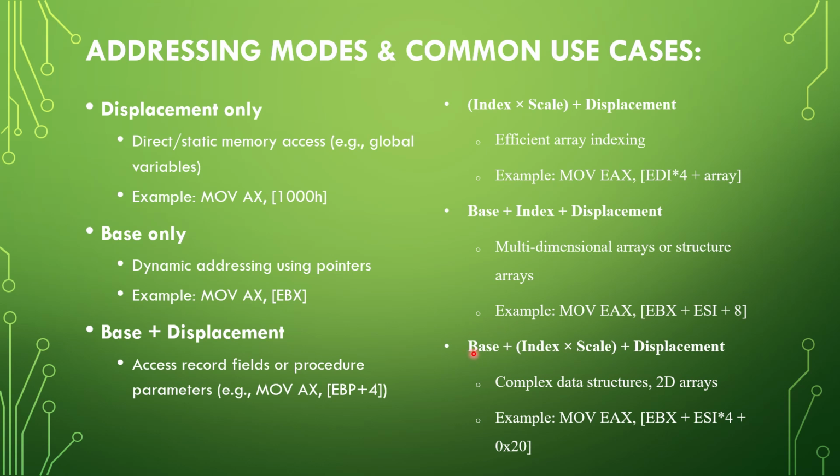And base plus index times scale plus displacement is one such complex mode, normally used for 2D arrays, and the example is shown here. So these all show the various addressing modes and the common use cases.